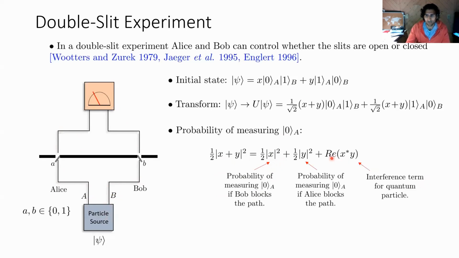And then this extra term here is like an interference term, and so if there's no blocking whatsoever, you're going to get this interference in the measurement.